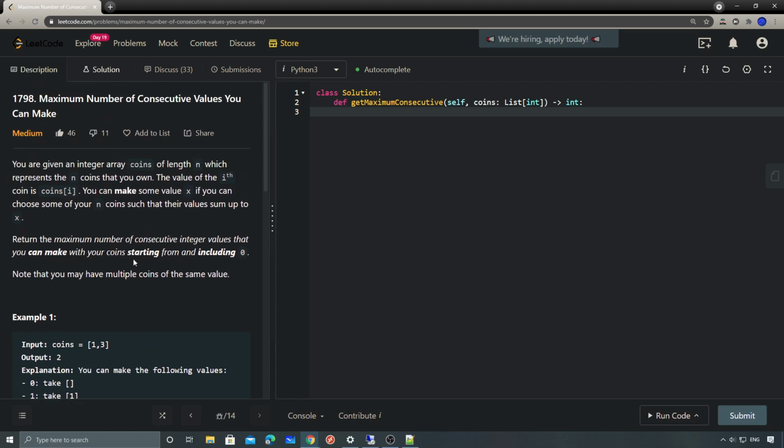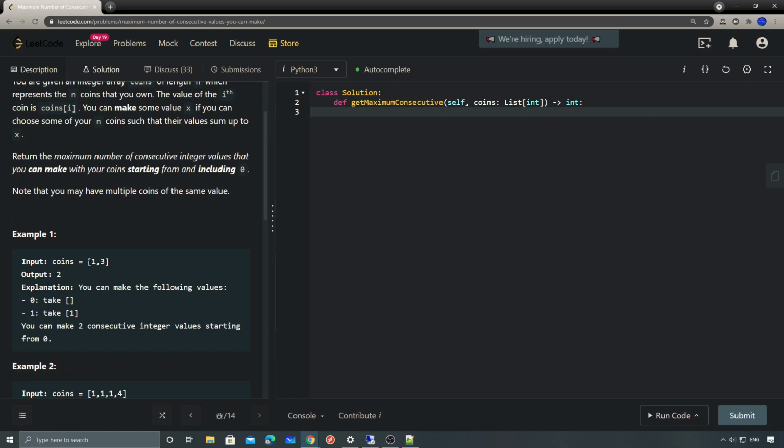So what does this mean? Let's say, for example, we have two coins. The first one is value 1, the second one is 3. So the output is 2. Basically we're trying to make the consecutive values from 0 to the sum of coins, which is the total.